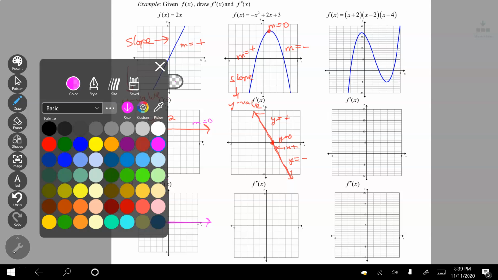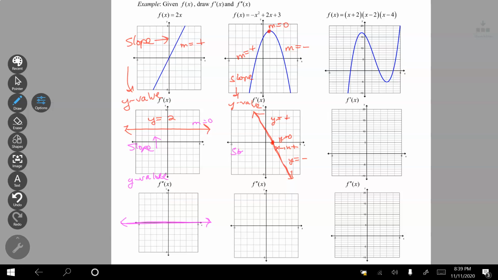And then if I do slope here becomes y value on the next graph, well, you can see that the slope of this f prime graph has a negative slope. So I'm just going to draw a horizontal negative y value. See, the y value here is always negative because the slope there is always negative.